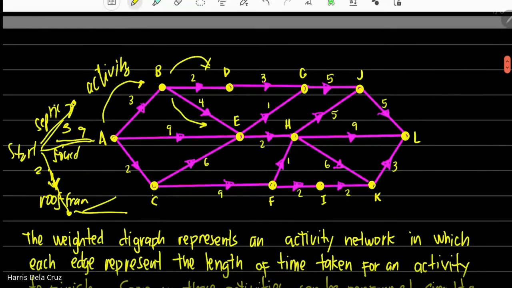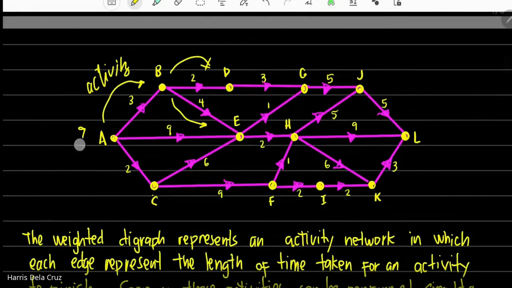Yan. In project management, especially if you're talking of a business proposal, let's say. So, pag business proposal, kailangan ipapakita mo yung projection kung kailan matatapos. So, ginagamit din nila, ang label na ginagamit nila ay 1, 2, 3 to name the activities or ABC.